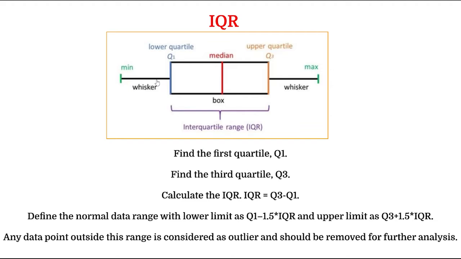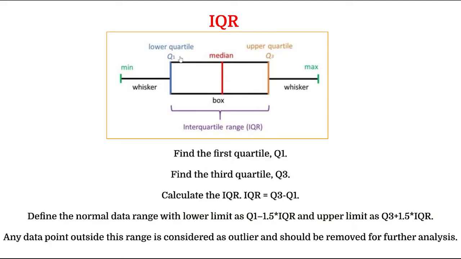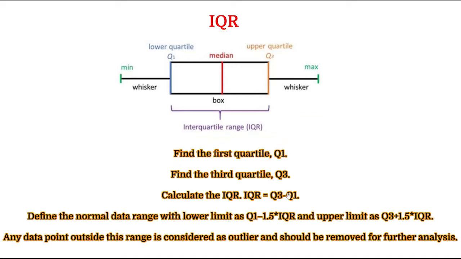To detect outliers in this IQR method, first of all, we need to find the values of these quartiles. We first determine the first quartile, Q1, then determine the third quartile, also called the upper quartile, Q3, and then calculate the interquartile range, that is Q3 minus Q1.